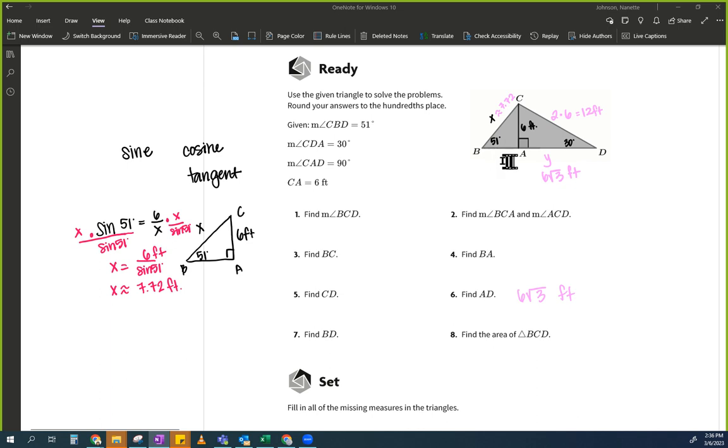So what I'm going to do is find AB, and I'm going to call it W so that I can find it. So if I was looking for W, what equation could I write? There's several. The first thing you want to ask is, which triangle should we be looking at?